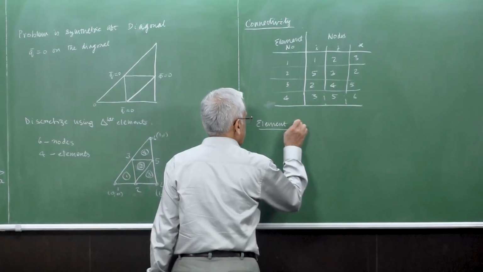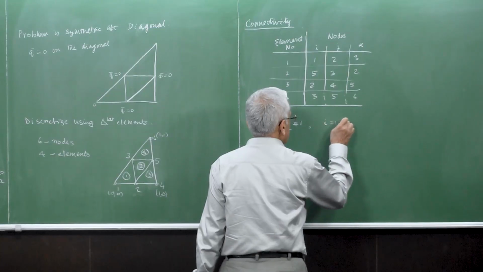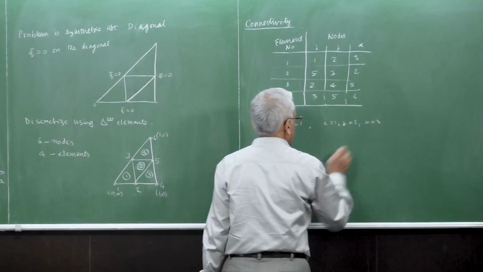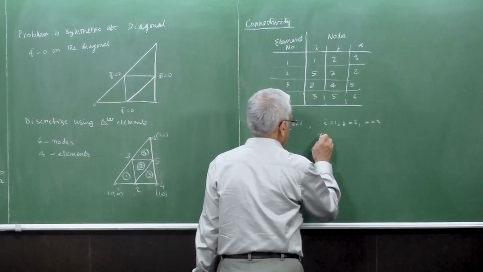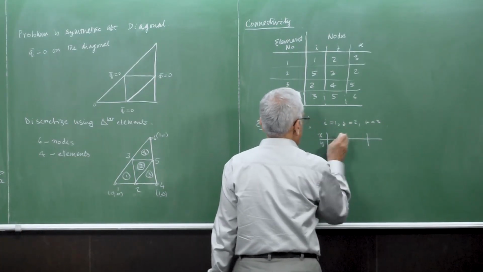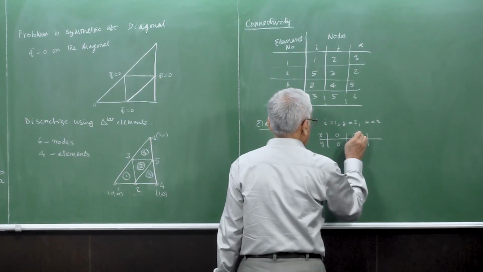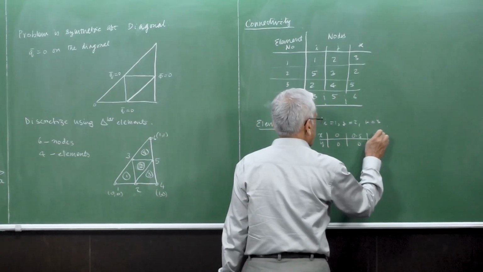So we'll take element number 1, where I is 1, J is 2, K is 3, and the coordinates are 0, 0 and 0.5, 0 and 0.5.